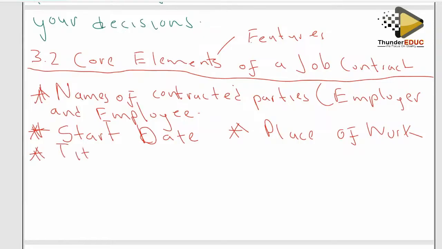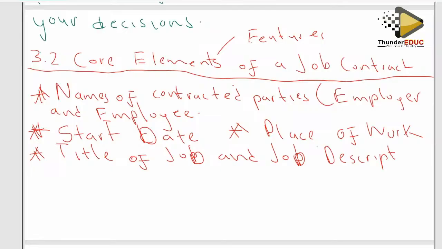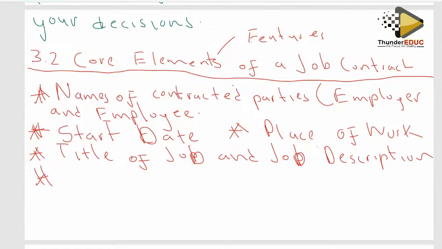And there is also the title of the job. What job does the worker do? Title of job and job description. Then in addition to that, there should be remuneration, or agreed salary.